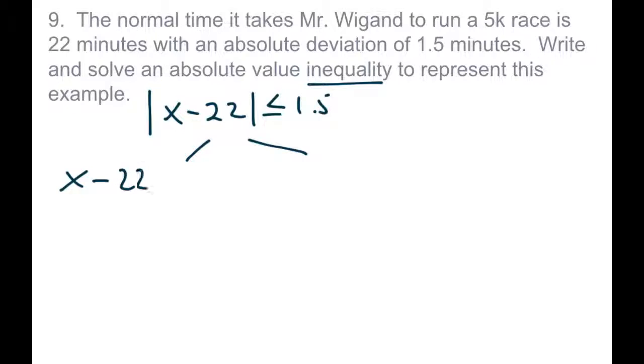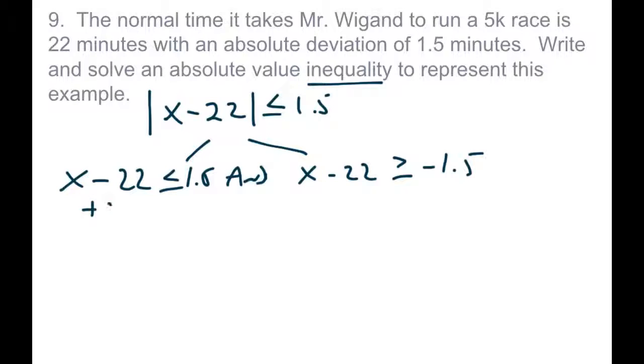x minus 22 less than or equal to 1.5, and because of the less than, x minus 22 greater than or equal to negative 1.5. We'll add 22 to both sides.